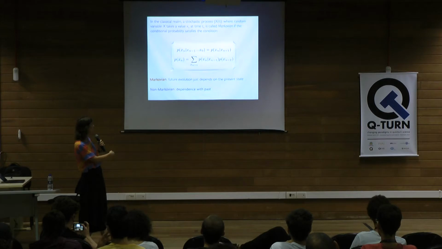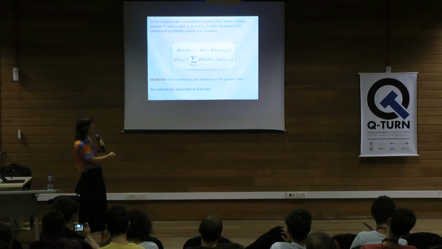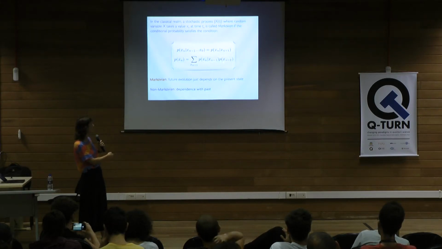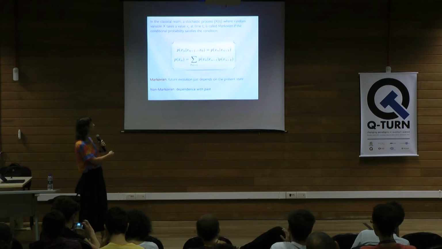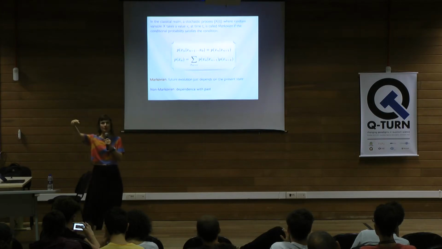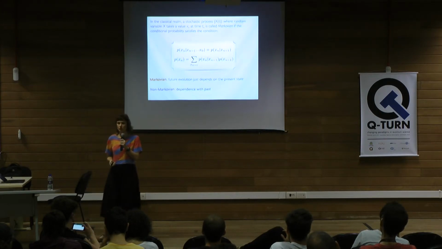Which means if I want to know the probability that x takes the value x_n, I just need the probability that x took the value x_{n-1} and this conditional probability. So I don't need the whole history, what happened before the time n minus 1.